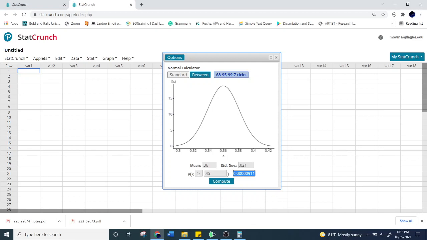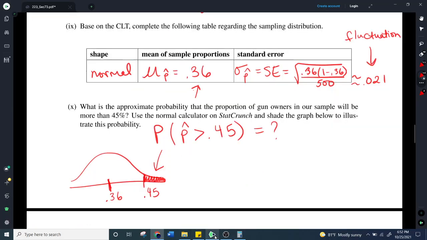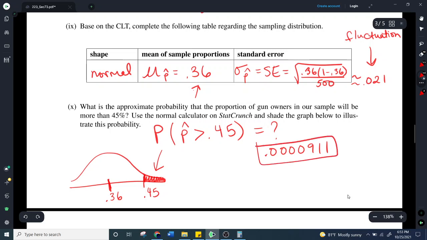So 0.000, whatever this number is. Let me see. 1, 2, 3, 4, 5 zeros, and then 911. So it's a very, very small probability. Very unlikely. So that's going to be about 0.0000911. So almost nothing, really. It's pretty unlikely we would get a sample that's that extreme.